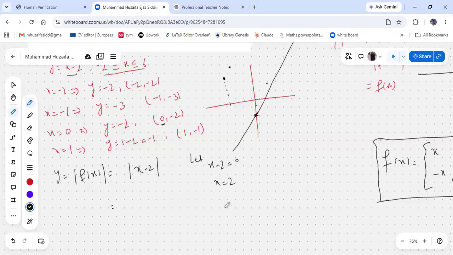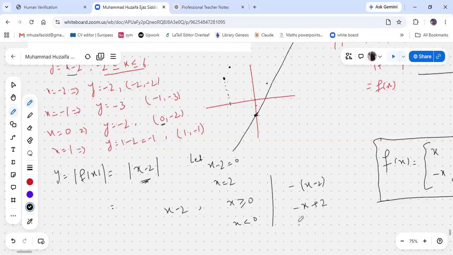It means when x is greater than or equal to 2, our function is x minus 2. On the other side, when x is less than 2, this is always negative, so x minus 2 becomes minus x plus 2.